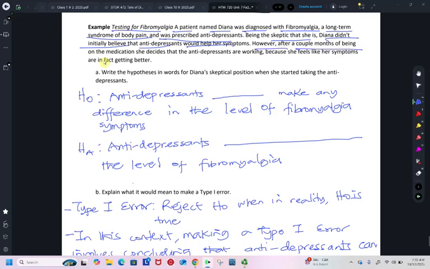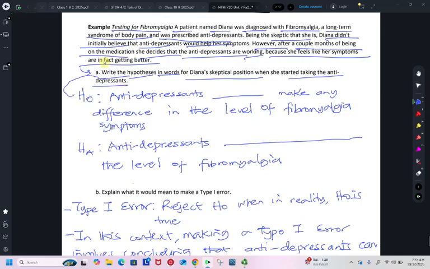However, after a couple of months of being on the medication, she decides that the antidepressants are working because she feels like her symptoms are in fact getting better. Question A. Write the hypothesis in words for Diana's skeptical position when she started taking the antidepressants.